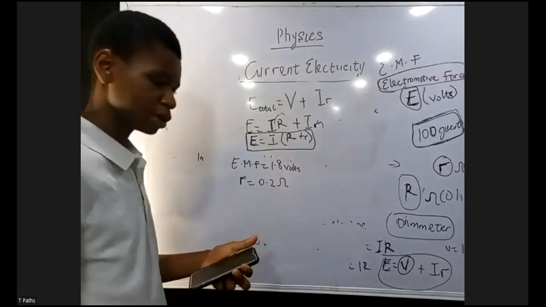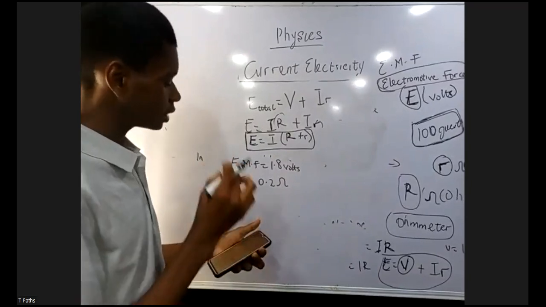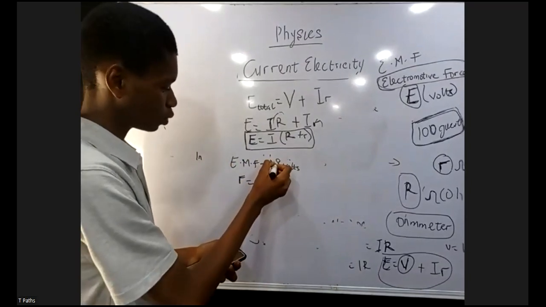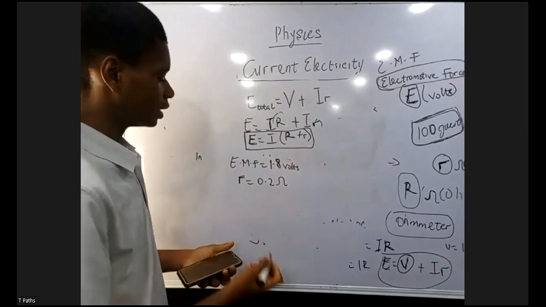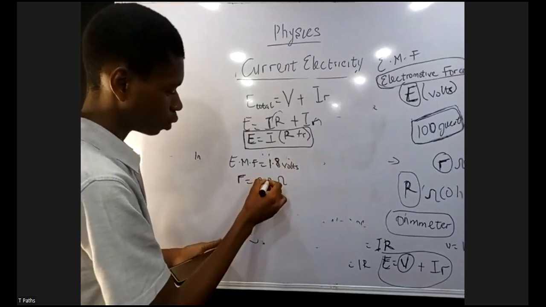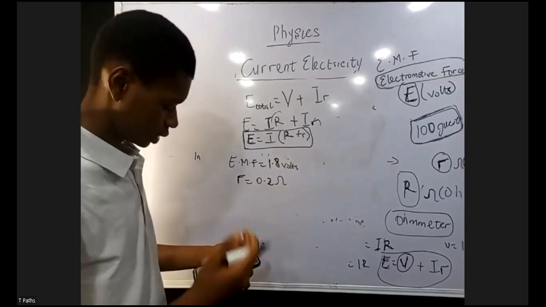Now, let me go through the question again. In a circuit, a cell with an EMF of 1.8 volts, that's the EMF of the cell, and an internal resistance of 0.2 ohms is connected to a resistor.